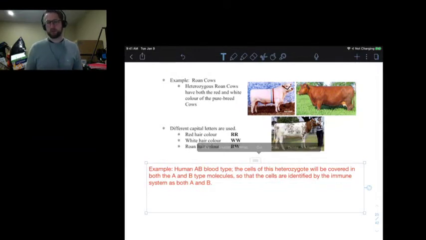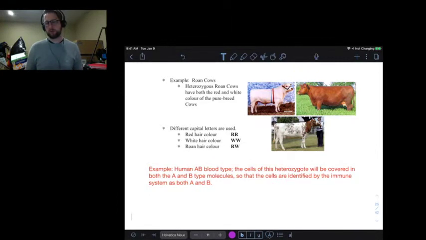Anybody have any questions about codominance? This is different from incomplete dominance, because if we had incomplete AB blood, then when A and B came together, they would form C-type blood, and the immune system would identify it as C blood. It would be something in between, or there's no letters in between A and B, so I can't choose anything else.